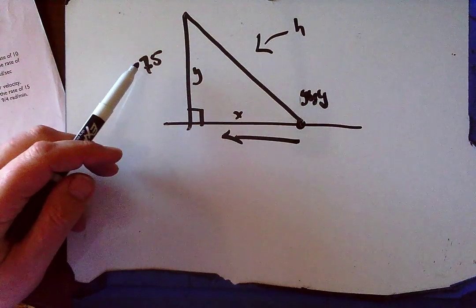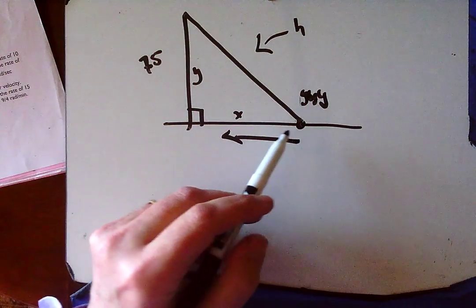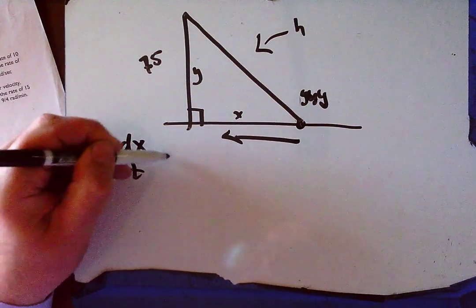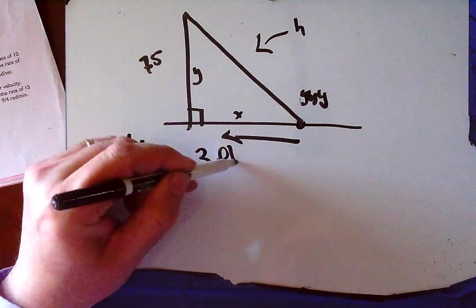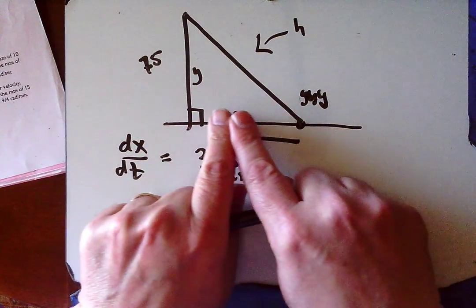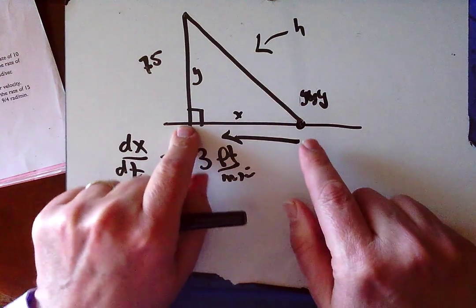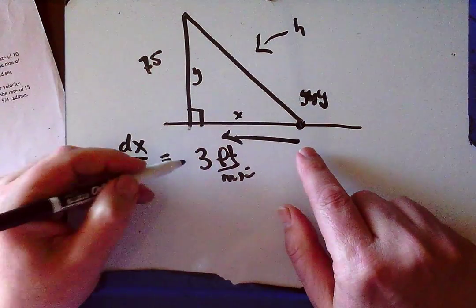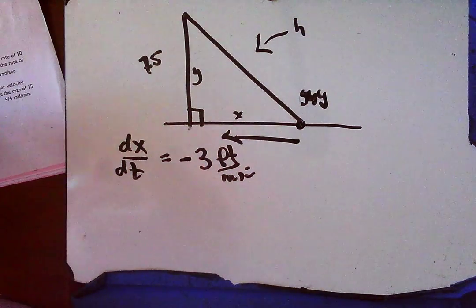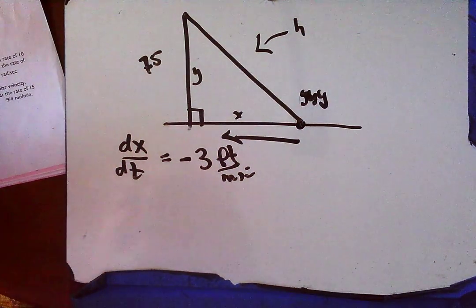So we've got 75 feet high. He's walking at a rate of 3 feet per minute. So I've got that dx dt equals 3 feet per minute, right? That's the change in the guy. The guy is moving this way, going toward the intersection, 3 feet per minute. Okay. At what rate is he approaching the top?